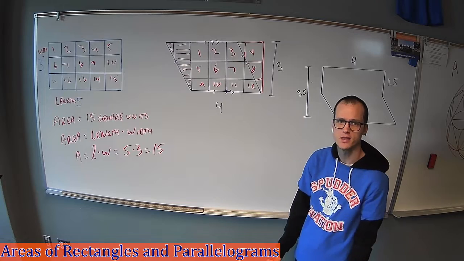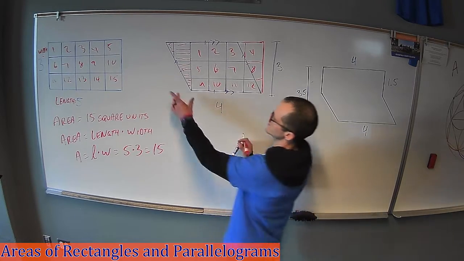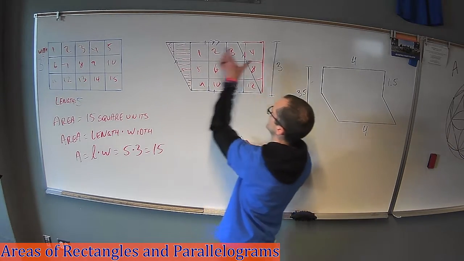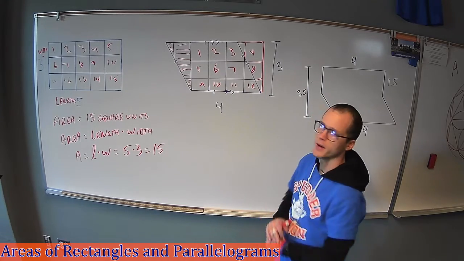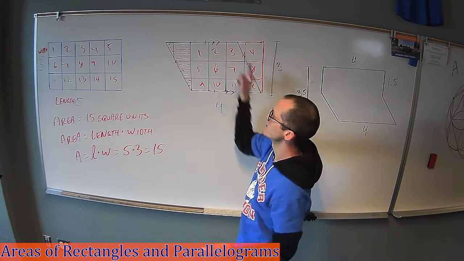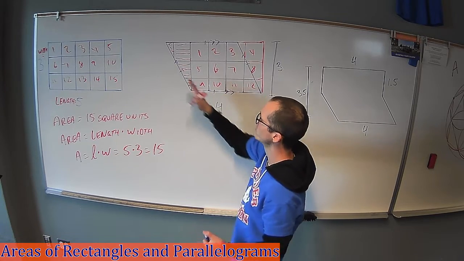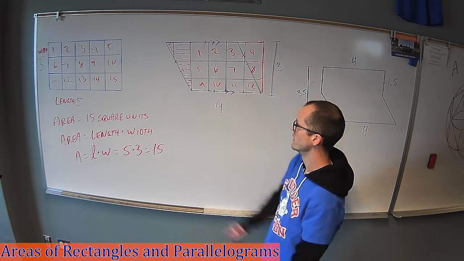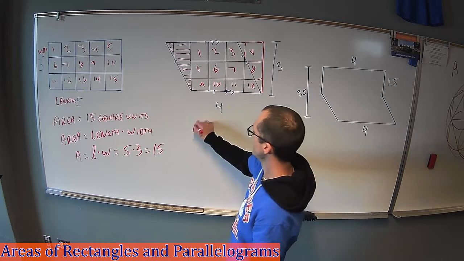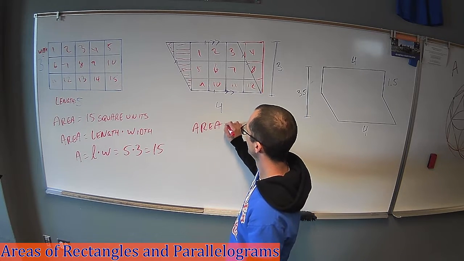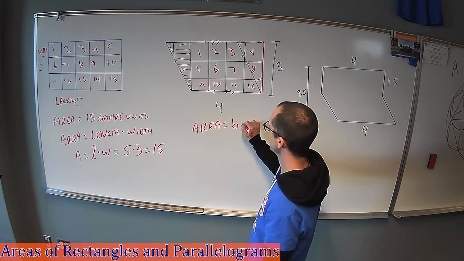It's the same sort of situation if we can visualize that we're taking one of the chunks off one side and moving it to the other. This works with parallelograms because in parallelograms, opposite sides must be parallel and congruent to one another. Same is true for the other pair of opposite sides. So the area here is, we call it base times height.